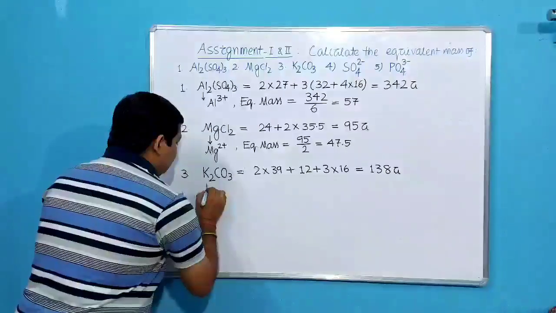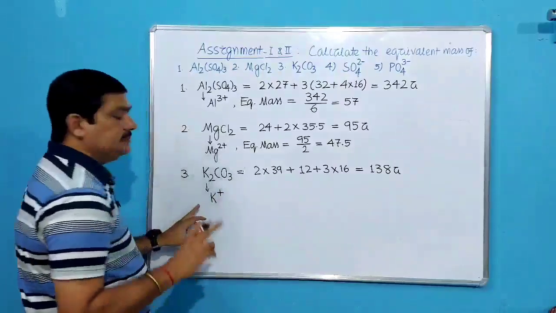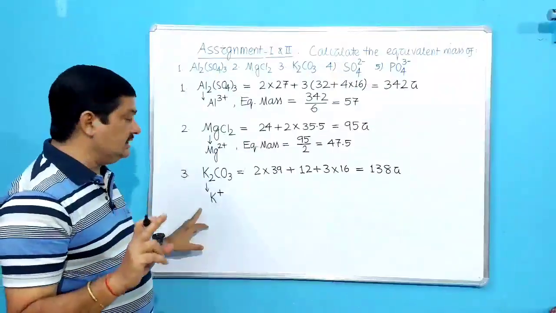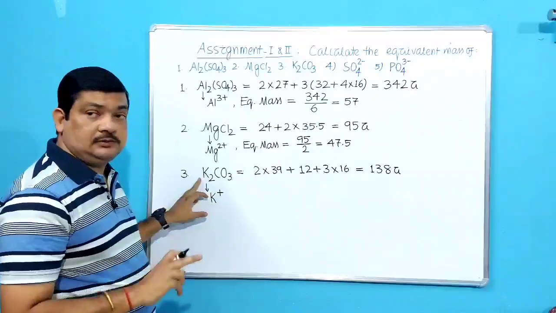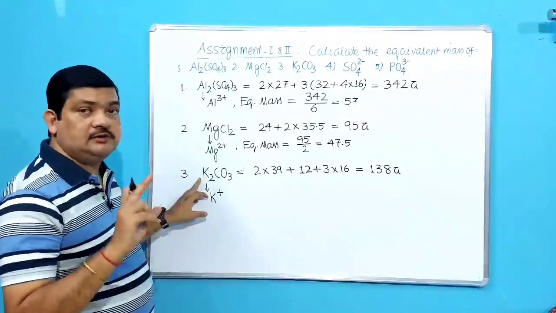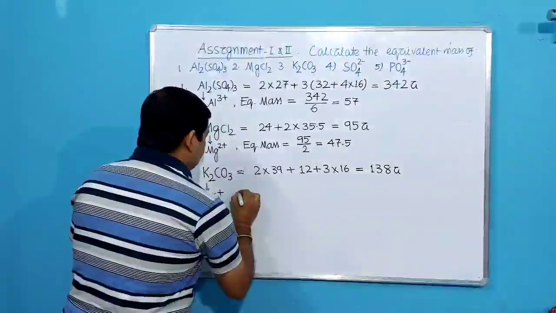What is the metallic part here? The potassium. Potassium is written as K+, which means its valency is 1. How many atoms are there? 2 atoms. So what will be the total valency? 2 atoms into valency 1, the total valency will be 2. So what will be the equivalent mass?